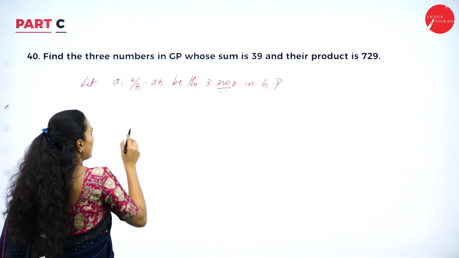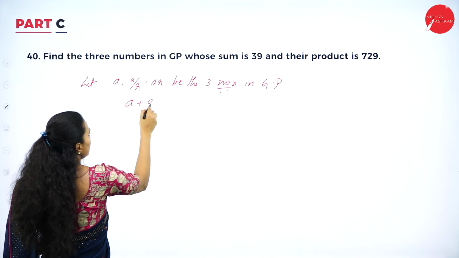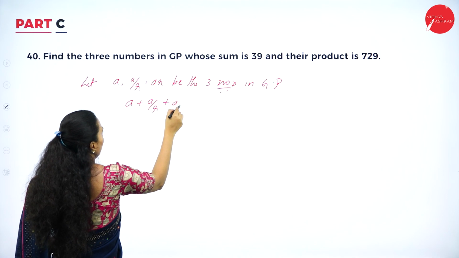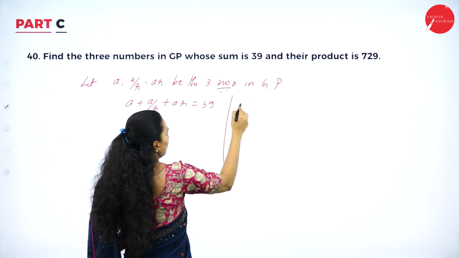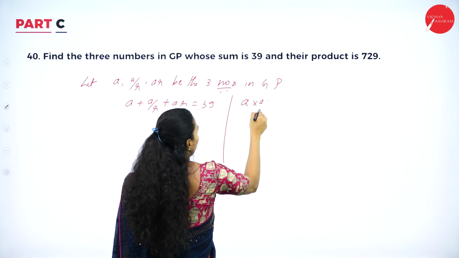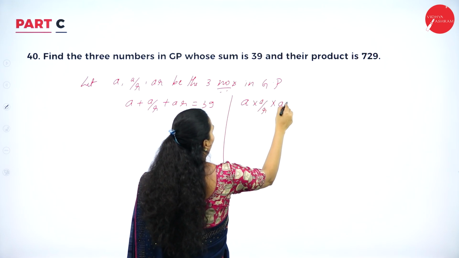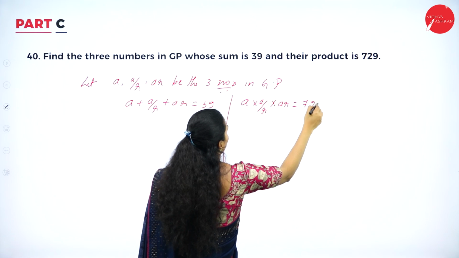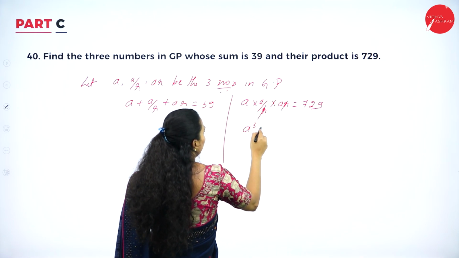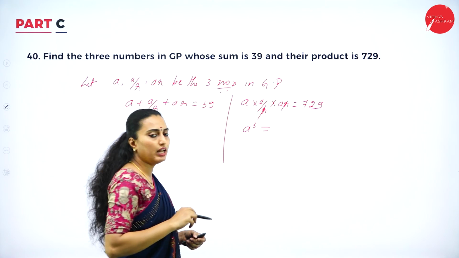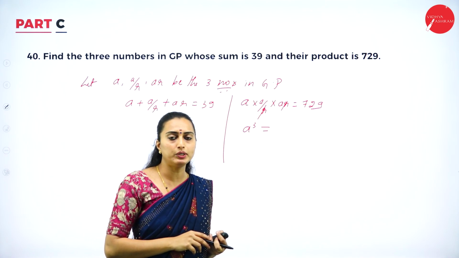Now they have given the sum: a plus a by r plus ar is equal to 39. Similarly, they have given the product: a into a by r into ar is equal to 729. Now the r's will get cancelled. a cube will be equal to 729, which is 9 cube. Therefore the cube root of 9 cube, a, will be equal to 9.